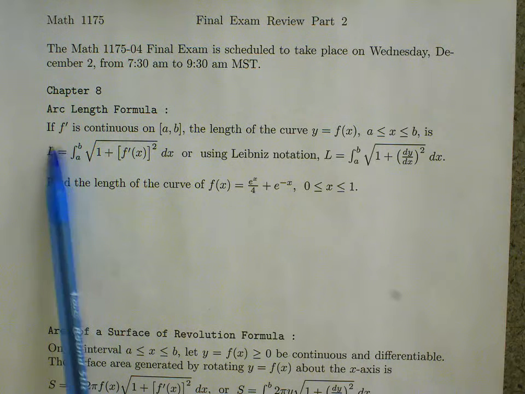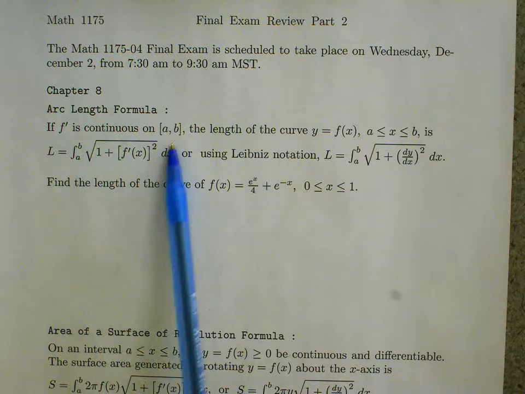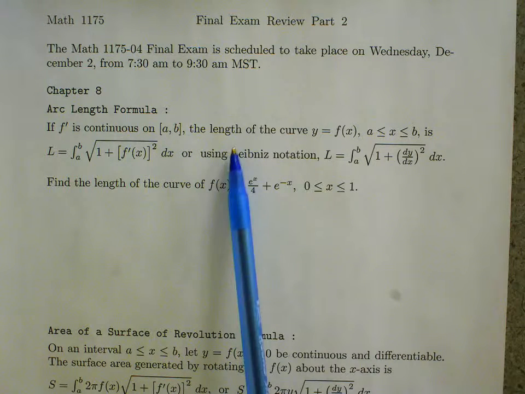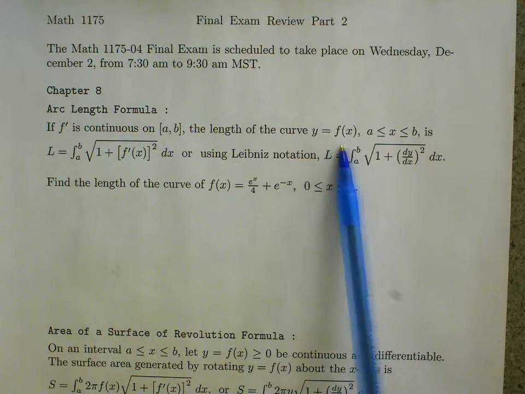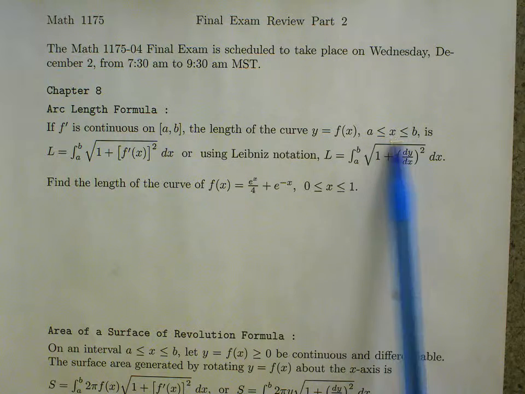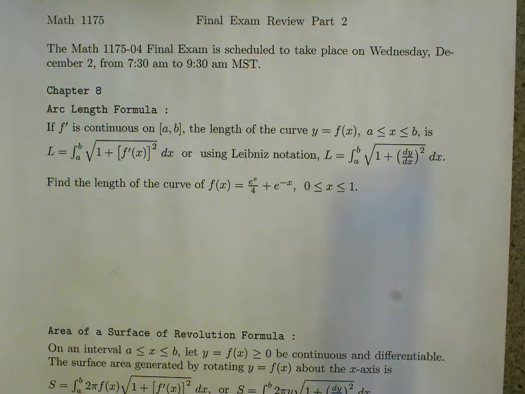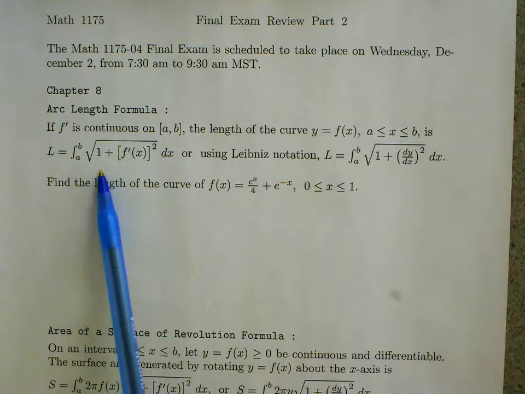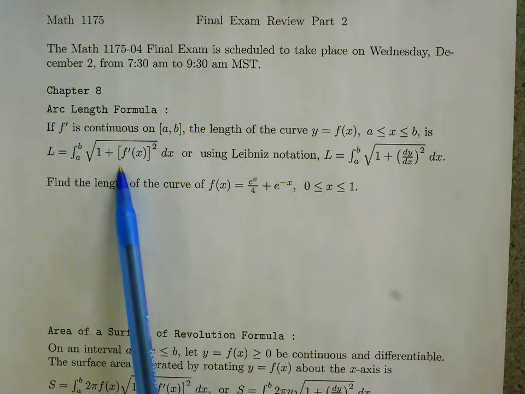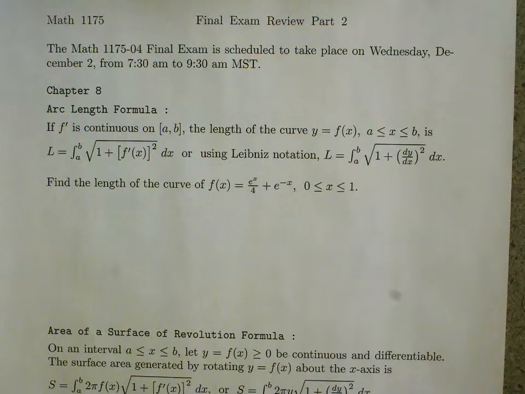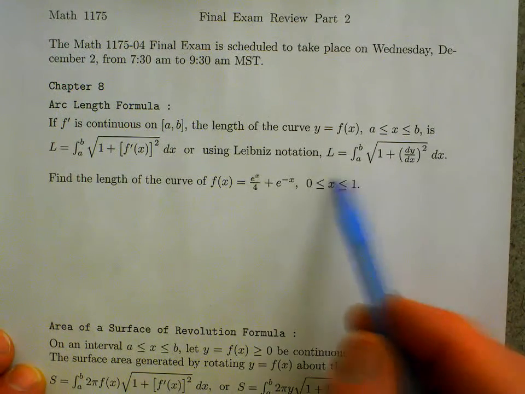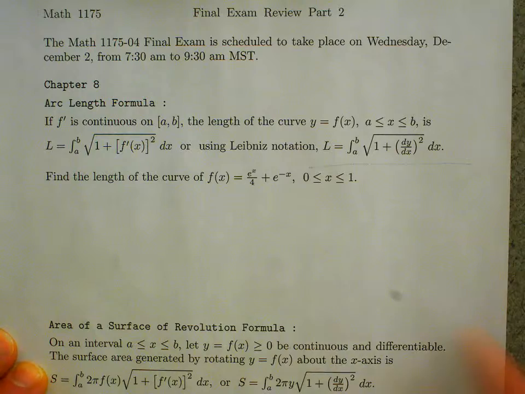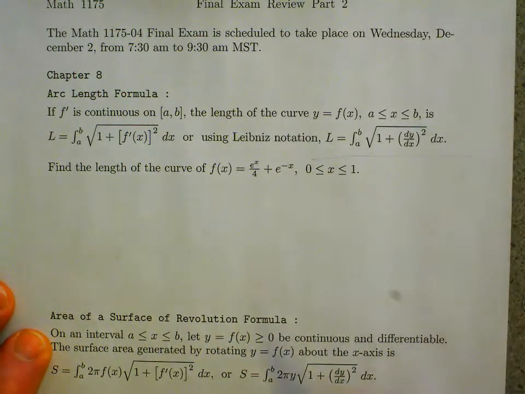The conditions: if f prime is continuous on the closed and bounded interval from a to b, the length of the curve y equals f of x for values of x from a to b is the definite integral of the square root of 1 plus f prime of x squared from a to b. And you can also use the Leibniz notation. Okay, so let's do an example.